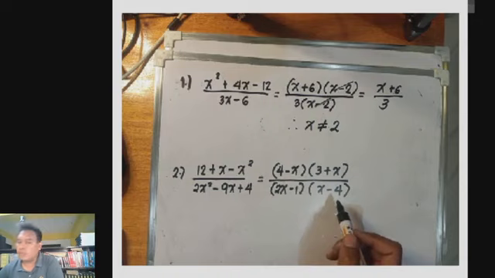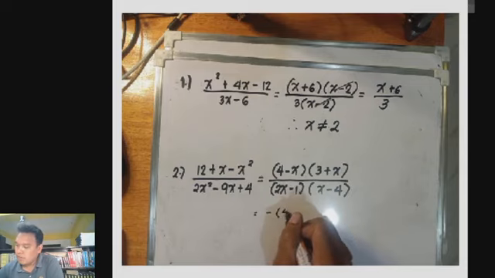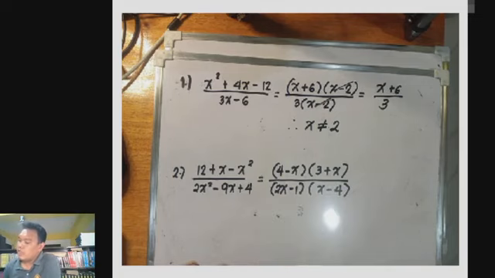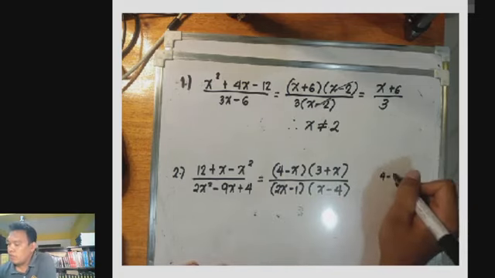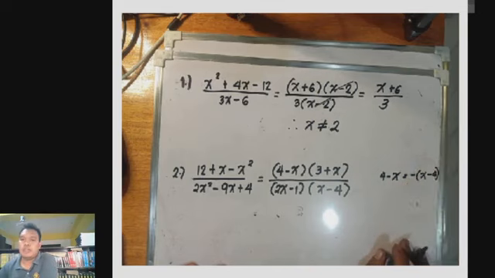Okay, so we could say that the factor of 4 minus x is equivalent kay negative (x minus 4). Tama?